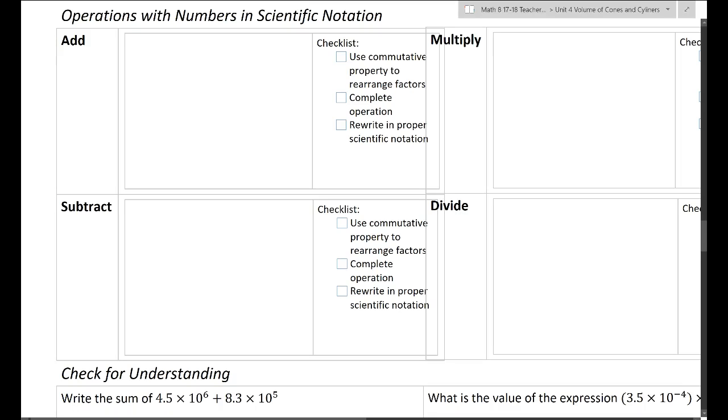All right, here we go. Operations with numbers and scientific notation. When we add and subtract, the rules are different than when we multiply and divide. When we add and subtract, the powers must be the same.